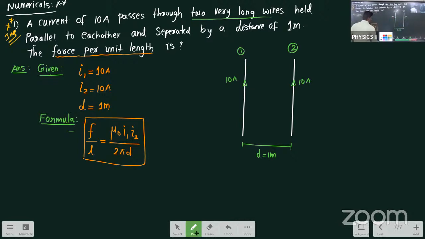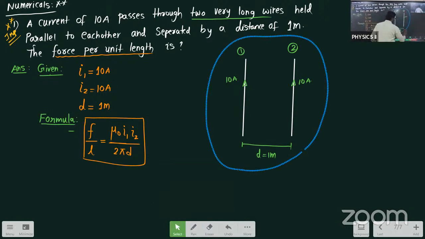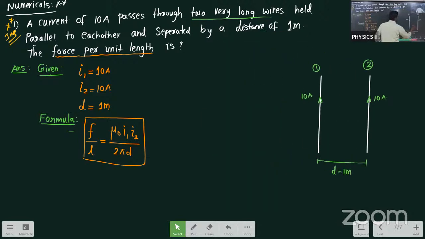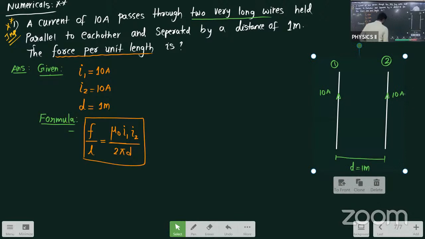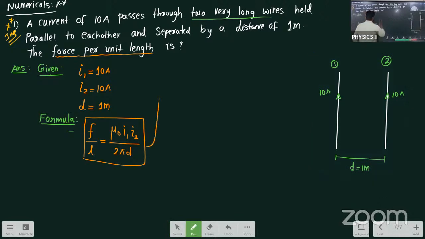I am substituting the values here. I have moved the diagram so that I can solve the problem. Let us solve this problem. What is the value of mu naught?